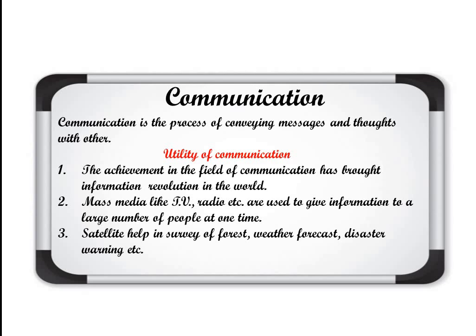With one means, one media, we are able to give messages to a large number of people at the same time. Satellites also help in surveying forests, weather forecast, disaster warning, and availability of minerals. So these different kinds of information can be collected with the help of satellites.